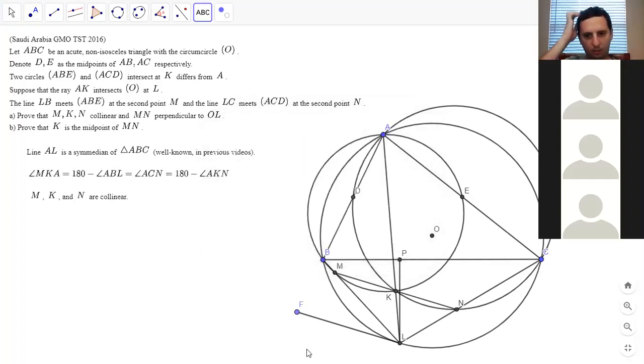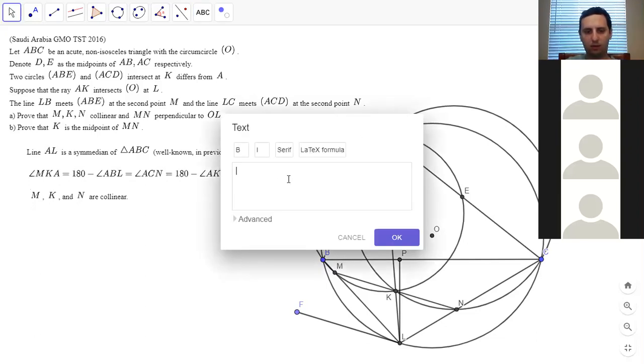And once we know that, we have LM times LB is LK times LA, which is LN times LC. That means that BMNC is cyclic.